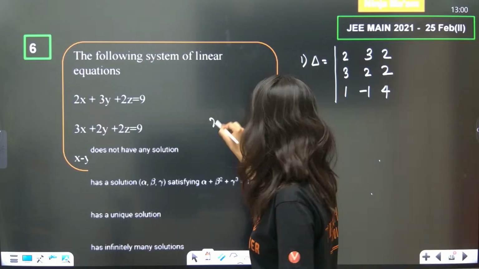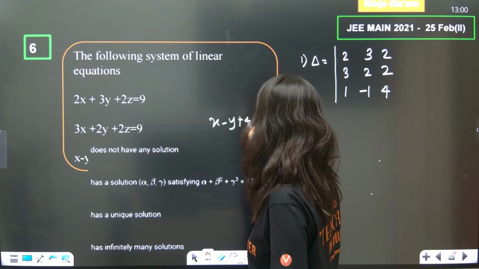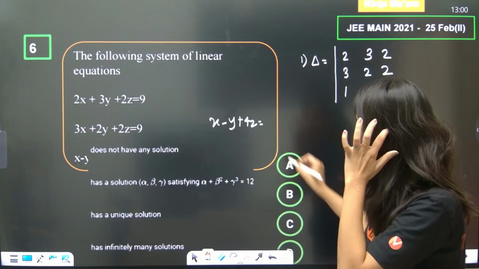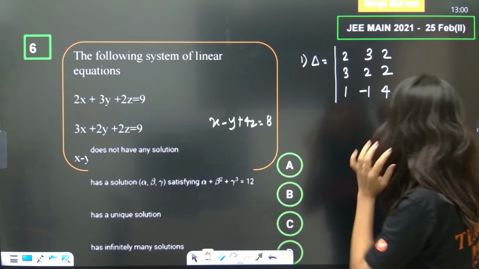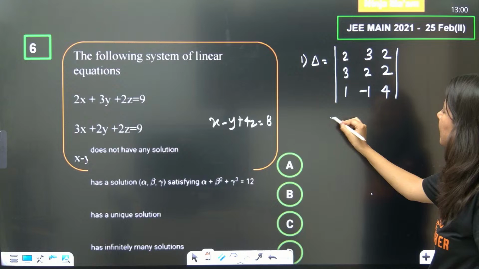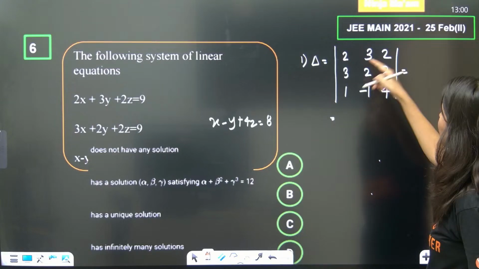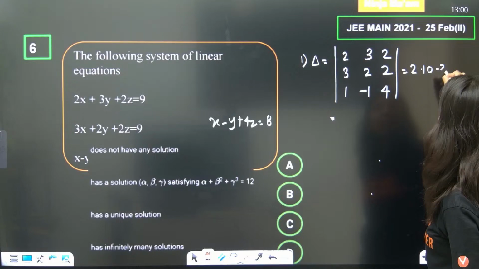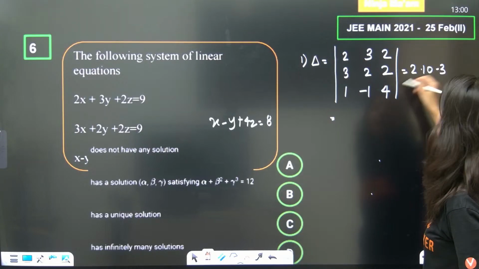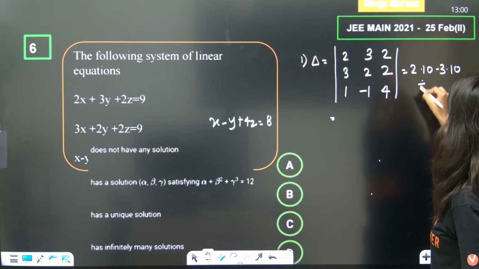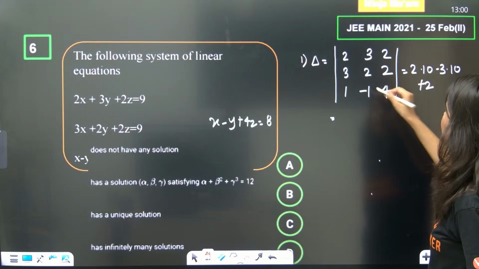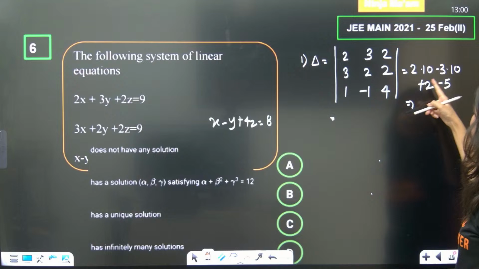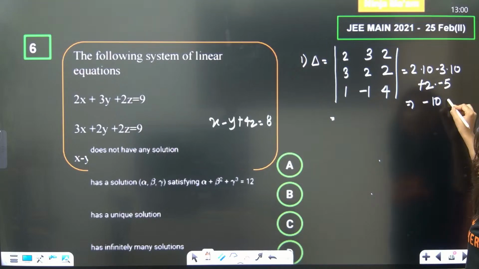The last equation is x minus y plus 4z equals 8, the third equation. Now let's expand this. Delta will be 2 times (8 plus 2) which is 10, minus 3 times (12 minus 2) which is 10, plus 2 times (minus 3 minus 5). So this is 20 minus 30, so minus 10, then this is also minus 10.